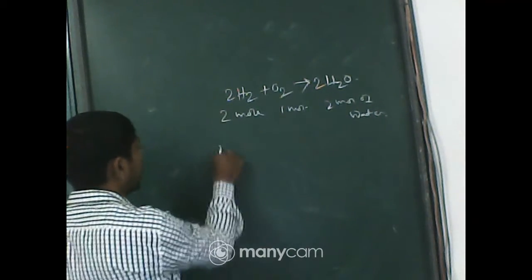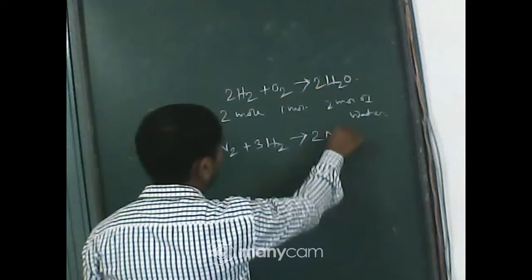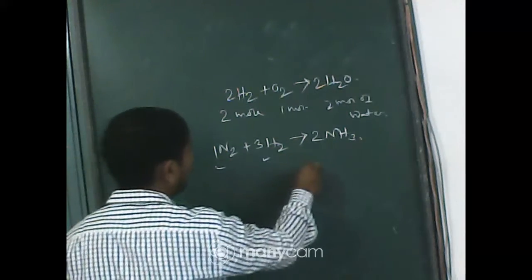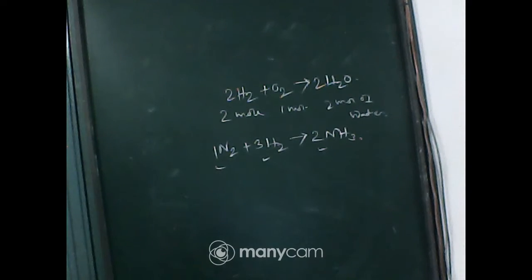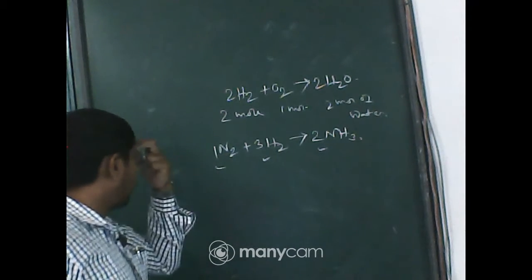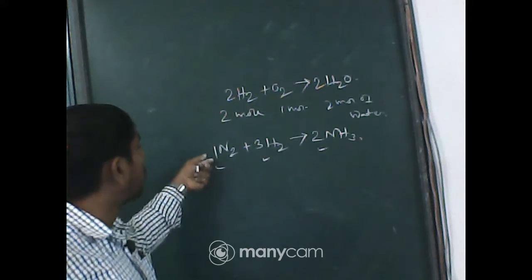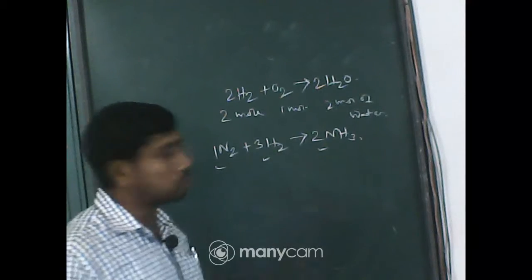In the same way, N2 + 3H2 forming 2NH3. So here 1 mole of nitrogen and 3 moles of hydrogen produce 2 moles of ammonia. These are the general form. Here no numeric means 1 is there. So 1 mole of nitrogen reacts with 3 moles of hydrogen forming 2 moles of ammonia.